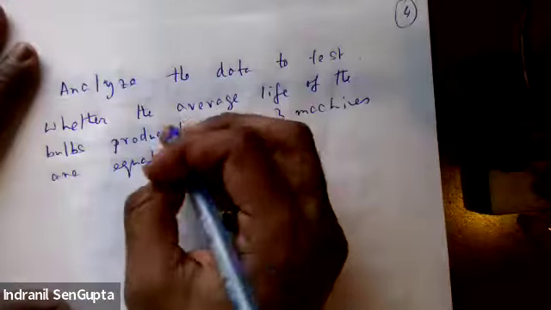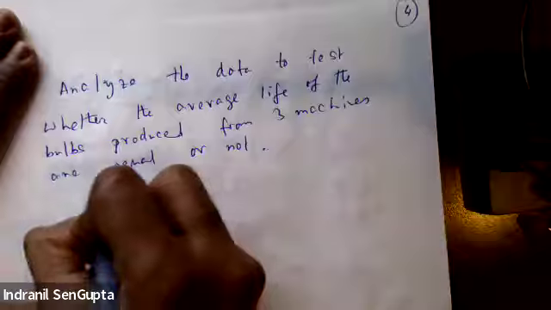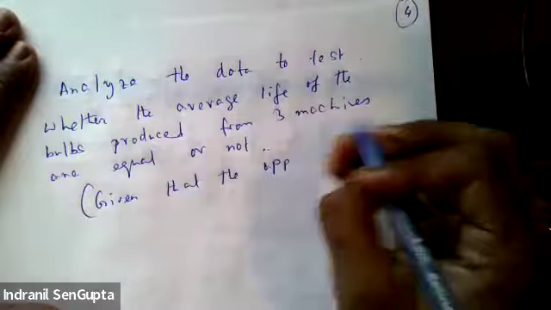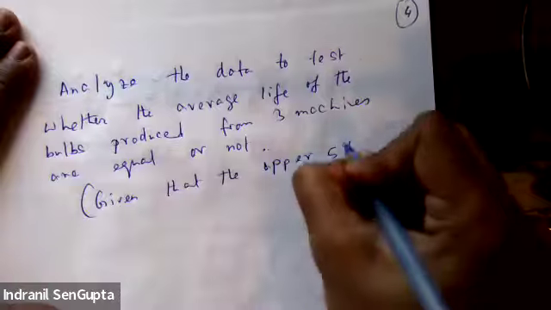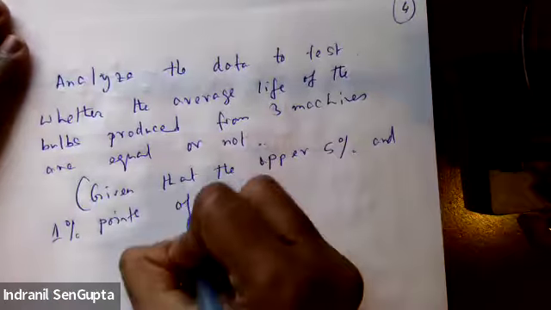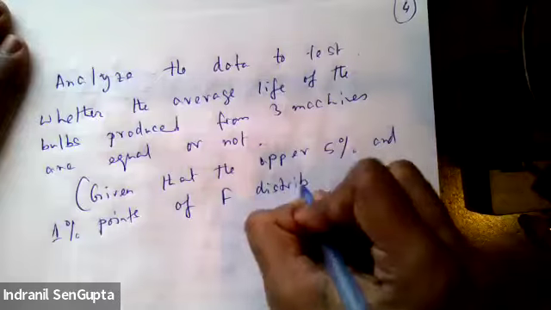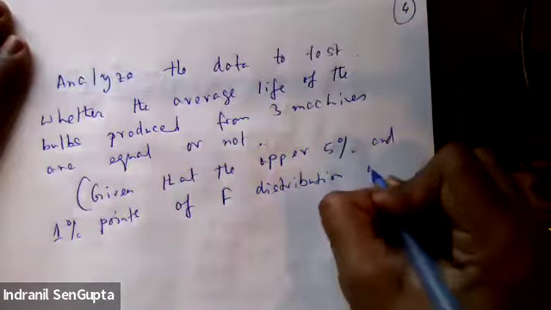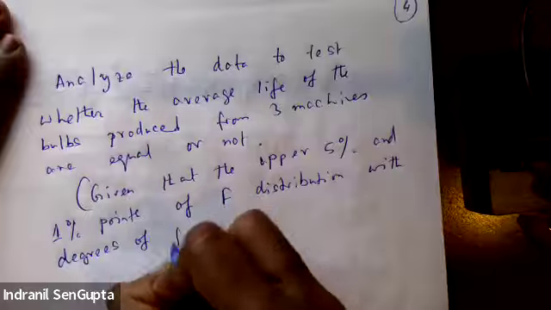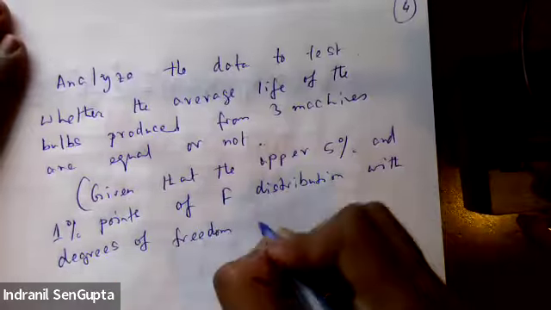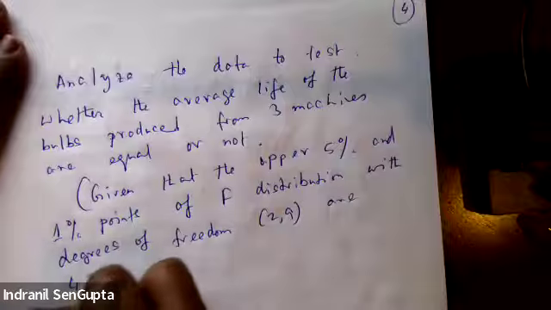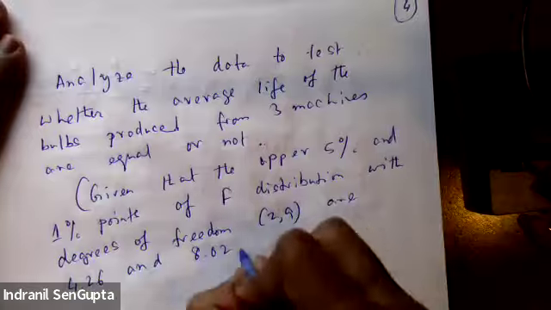Also, the F values are given. The upper 5% and 1% points of the F distribution with degrees of freedom 2 and 9 are 4.26 and 8.02 respectively.